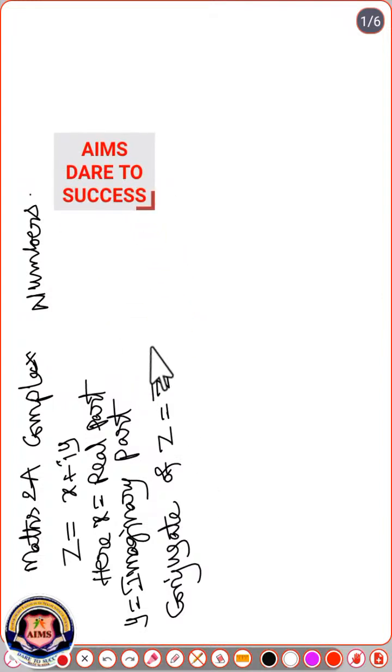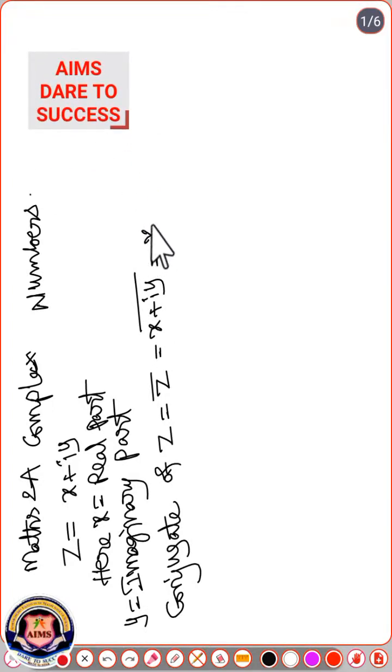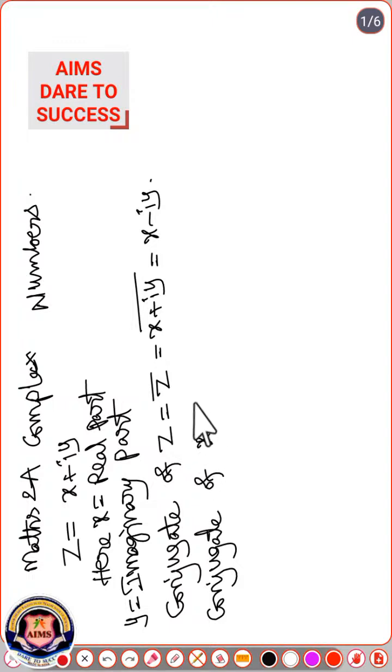The conjugate of x plus iy is x minus iy. For the i coefficient, take the opposite symbol, minus i. This is the conjugate symbol. So the conjugate of x plus iy is x minus iy, and the conjugate of x minus iy is x plus iy. You can use this concept.